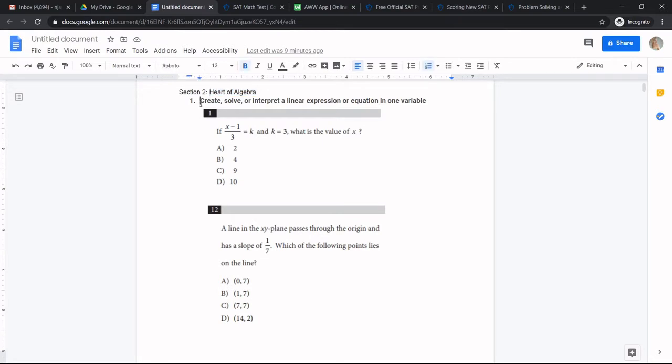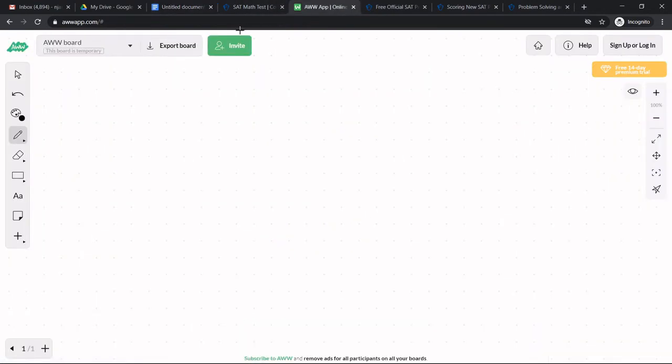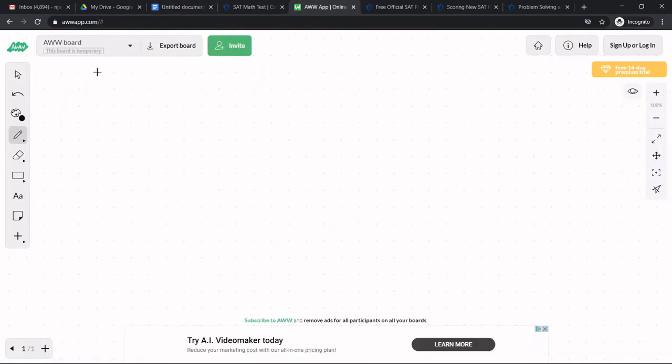The first topic that they ask you to cover: create, solve, or interpret a linear expression or equation in one variable. All that a linear expression or equation is, is you have x, and that's it. It might be times something, it might have a 2 in front, it might be divided by 3, you might have plus something, but this x will never have an exponent next to it.